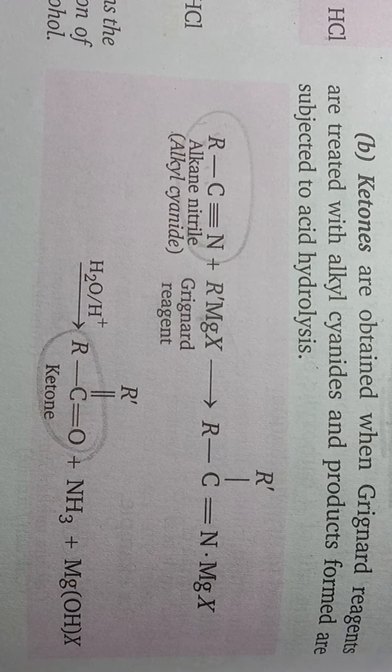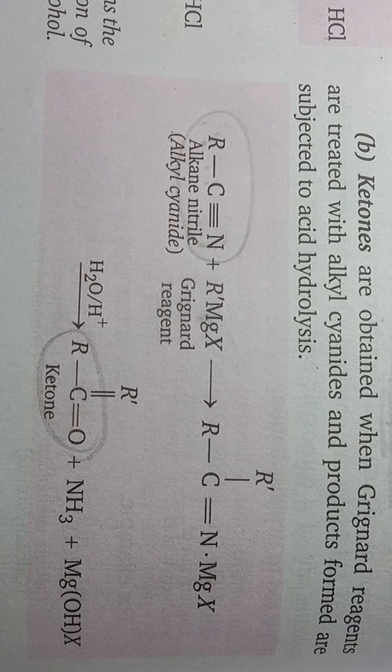So OH, 3H and O. Okay students, so R dash RCO, you will get particular ketone plus ammonia plus MgOH. So in both the reactions byproducts are same, and both are similar type of reactions except this change in R.